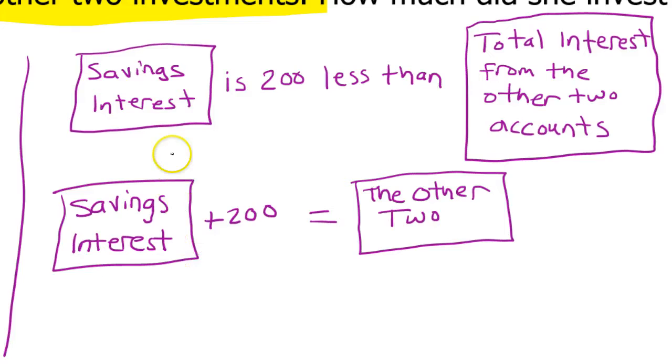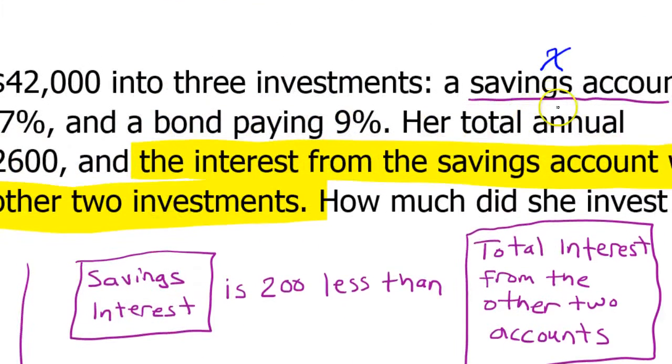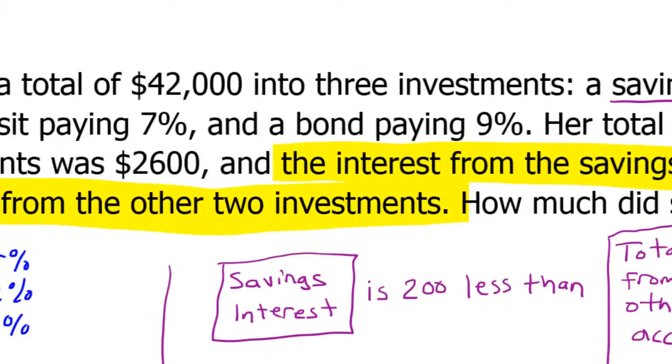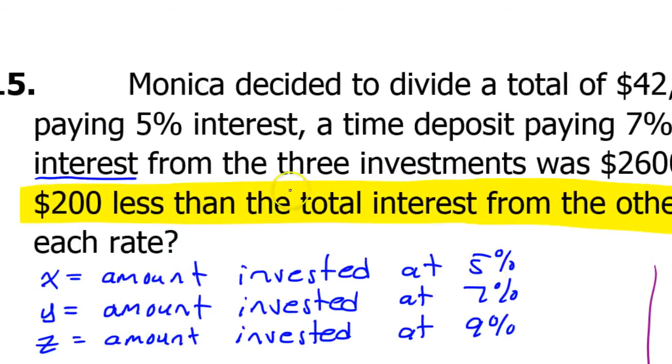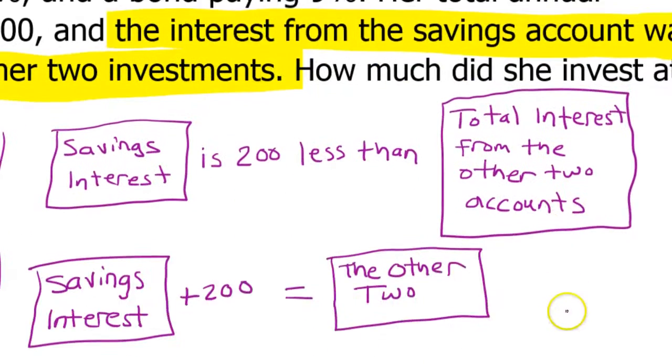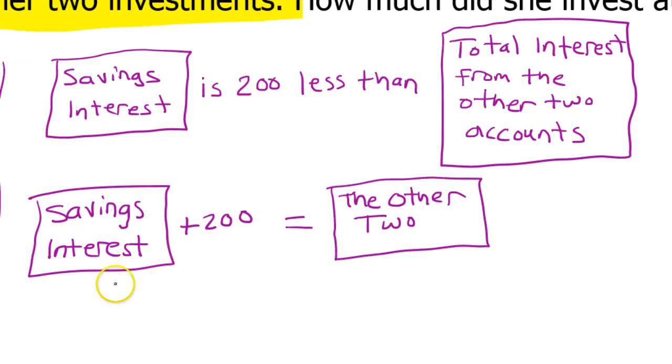So remember that the savings account was X because the savings account is the one where we invested at 5% interest, and that was X. Okay, so as I convert this all the way over to an equation, I will say 5% times the amount that we invested in the 5% account plus 200, all right, 200, is equal to the total interest from the other two accounts.